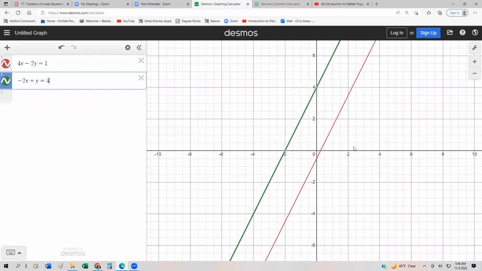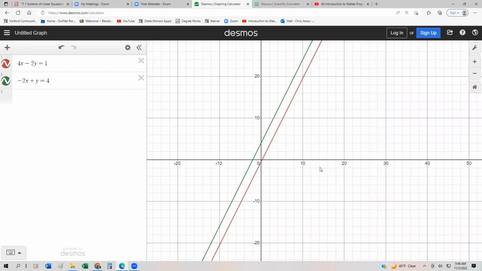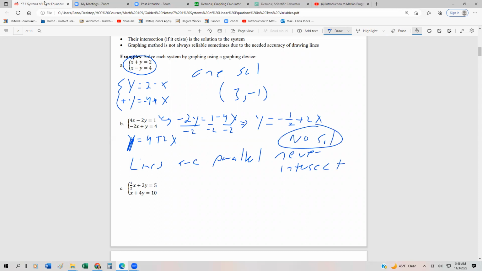Now, I want you to notice that even if we zoom out, these two lines are parallel and they never intersect. And so what that means is that there is no solution to this system.